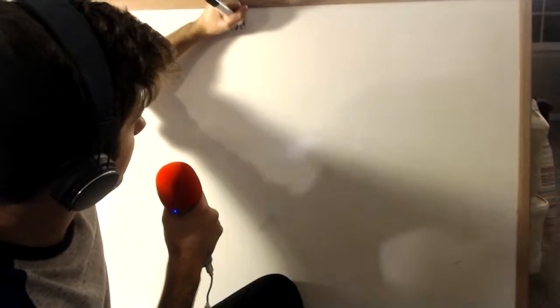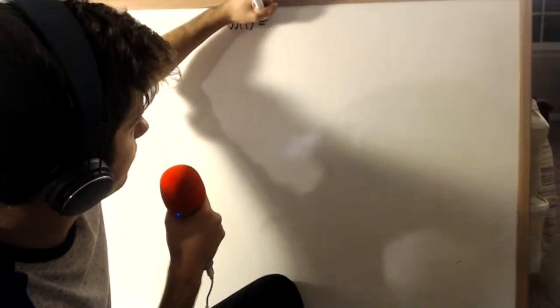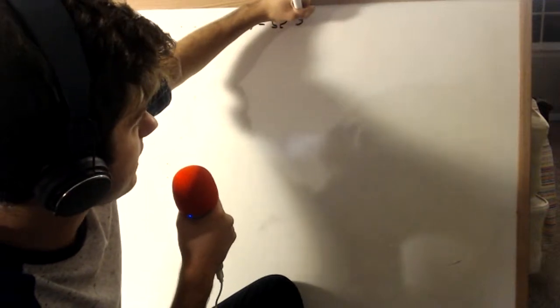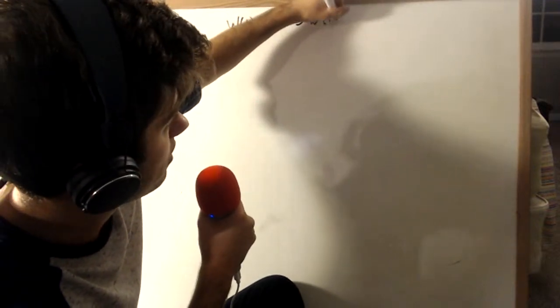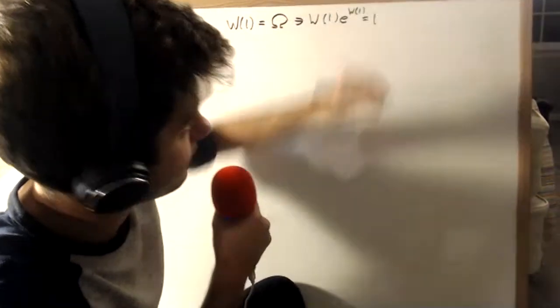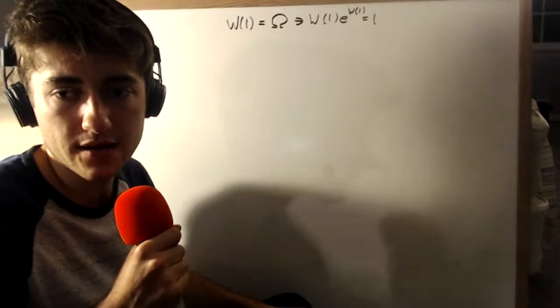So if you recall, we said that the Lambert W function evaluated at 1 on the principal branch is equal to this omega constant, such that W of 1 times e to the W of 1 is equal to 1. Right? That was the thing that we said.